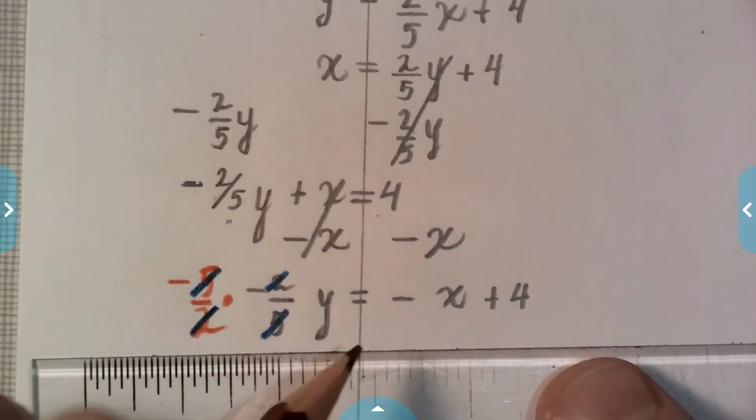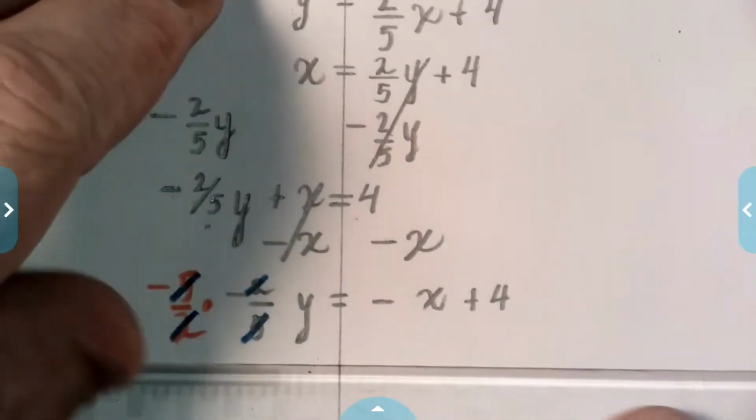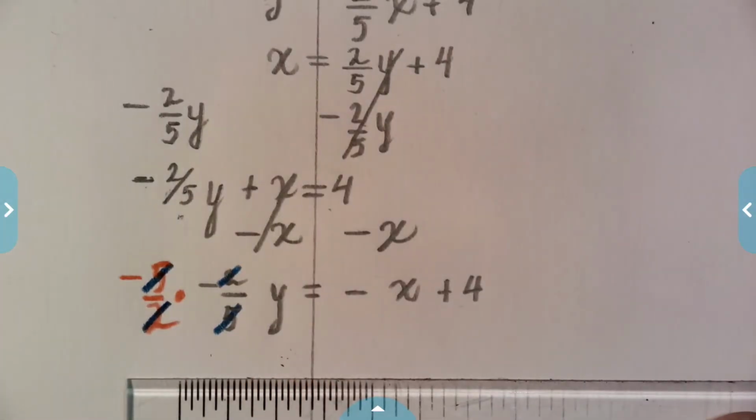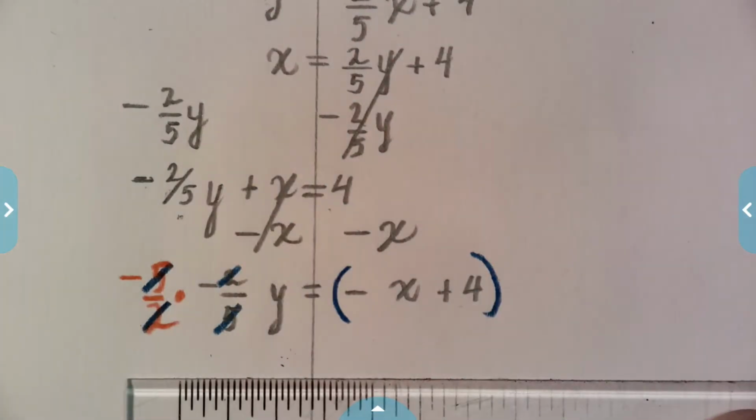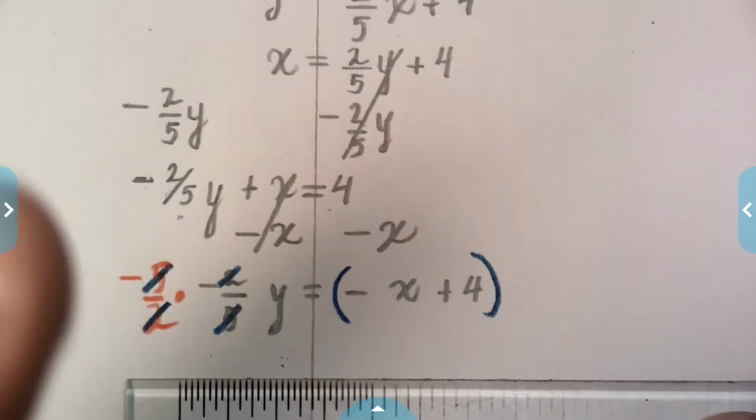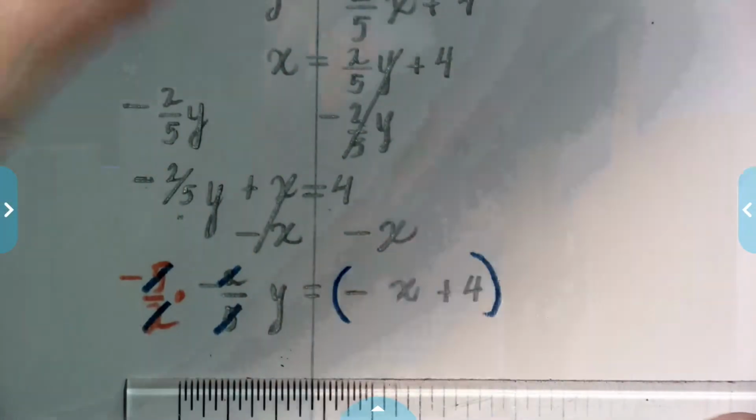So now y is by itself. Fantastic. On the right side, I've got to put this entire expression in a box and then multiply by negative 5/2.